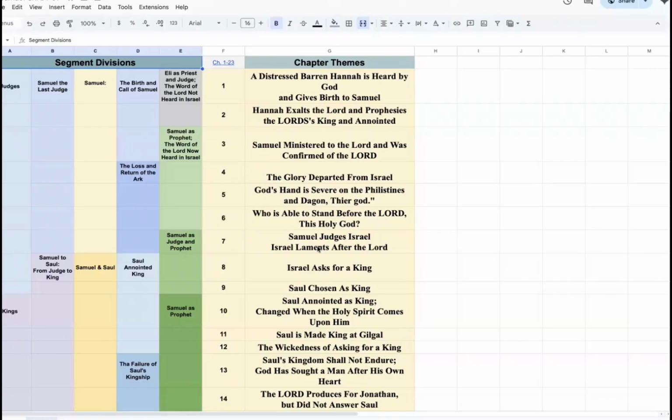So Study Light, I use that, and I use Blue Letter Bible, and these are for getting my cross references. I like this, and you'll see I have 1 Samuel 1 typed in, and I choose the New American Standard 1995.